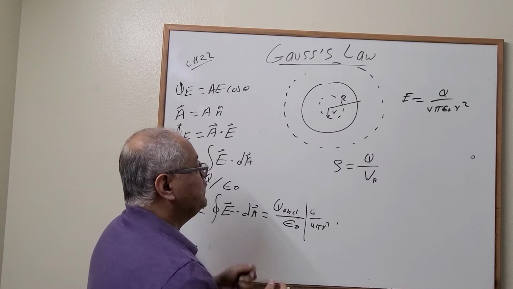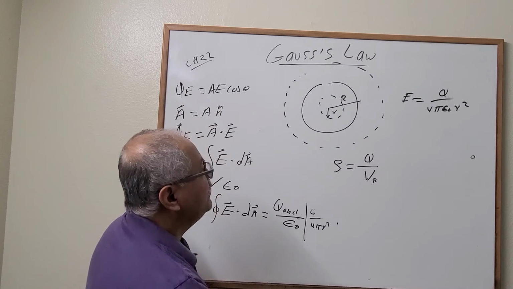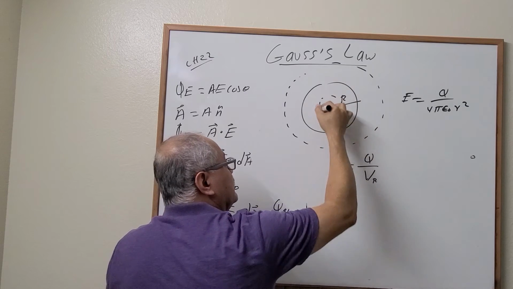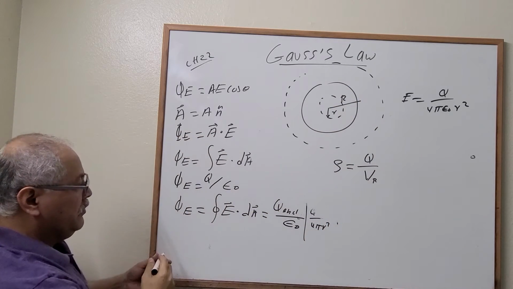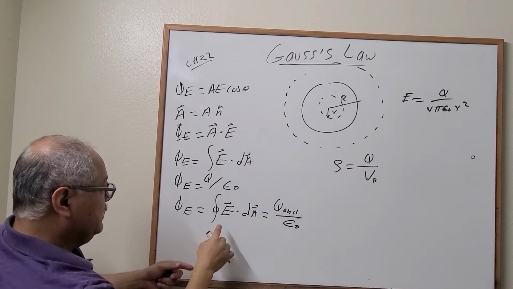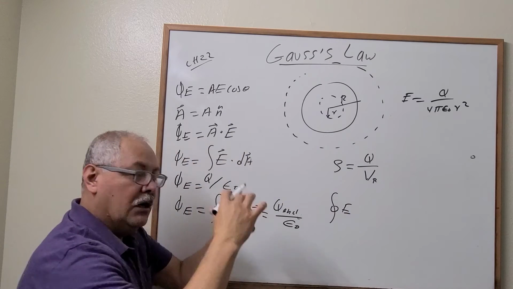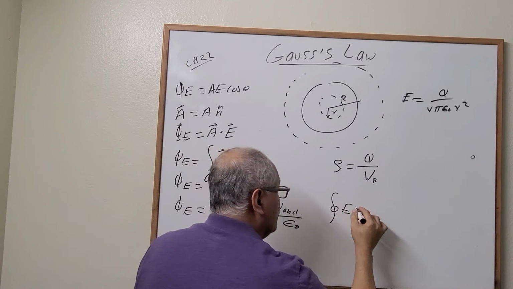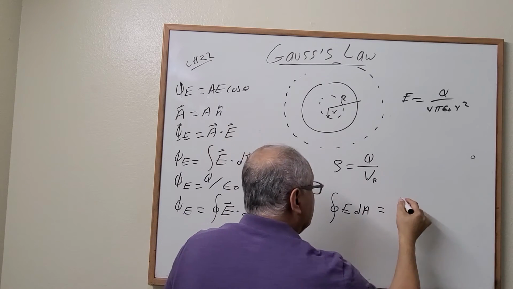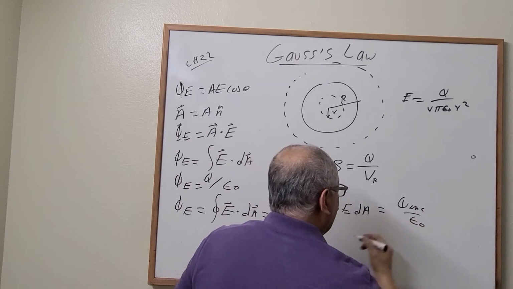Perfect. Now, we were looking for the electric field again inside. Well, we use the integral one more time. This is the integral, right? It's going to be the integral over the closed surface of this quantity, which must be equal to the charge enclosed divided by epsilon naught.